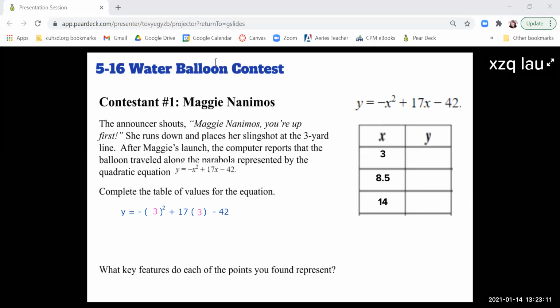If we were to work this out the long way, by hand, my next step would look like negative, then 3 squared, which is 9, then add 17 times 3, which is 51, then subtract 42.